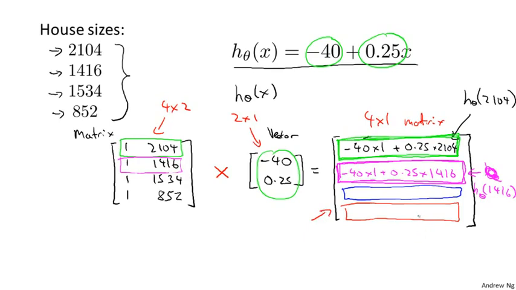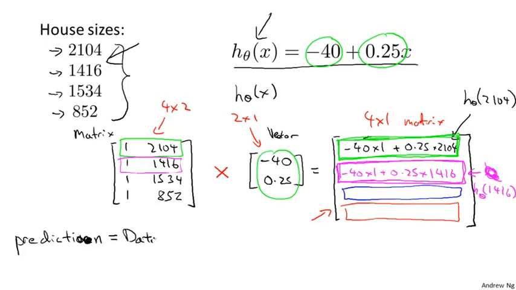And the neat thing about this is that when you're actually implementing this in software, so when you have 4 houses and you want to use your hypothesis to predict the prices of all of these 4 houses, what this means is that you can write this in one line of code. When we talk about Octave and programming languages later, you can actually write this in one line of code.